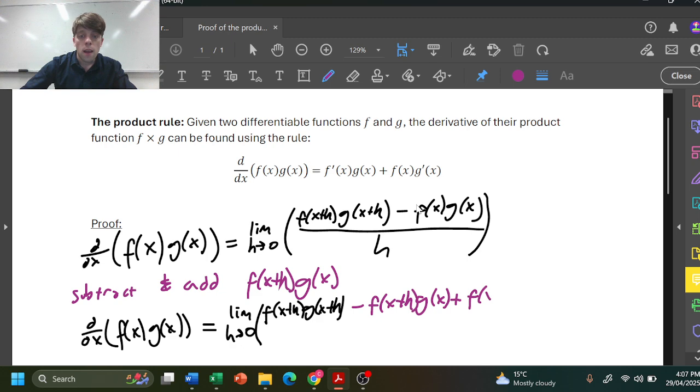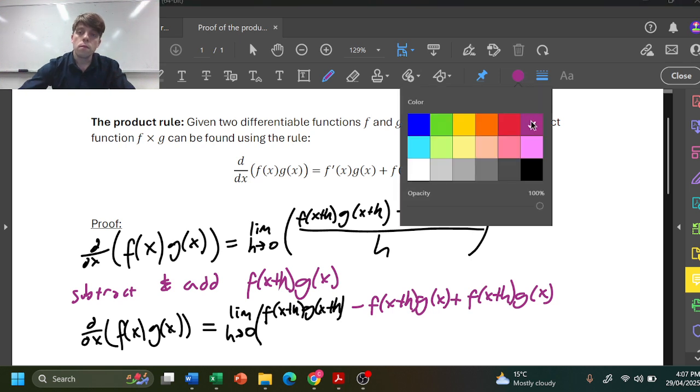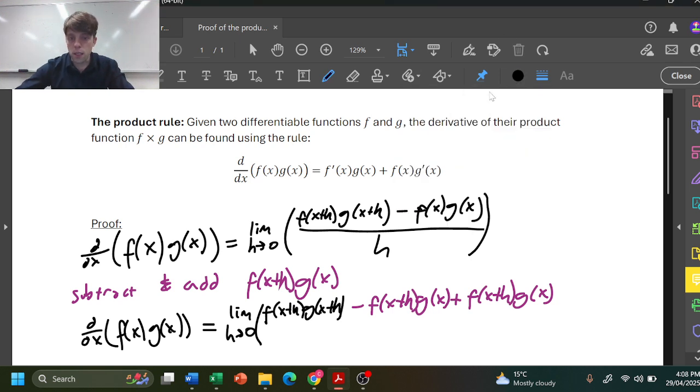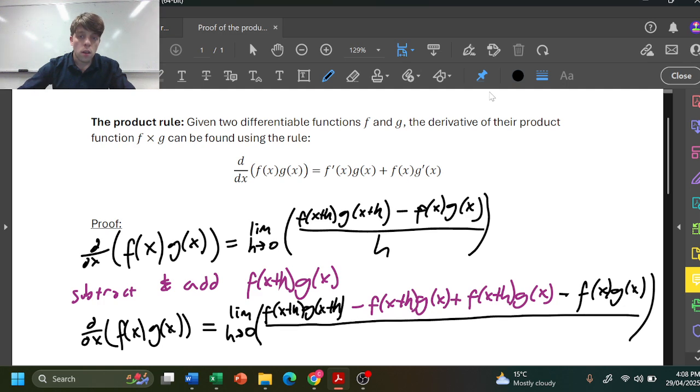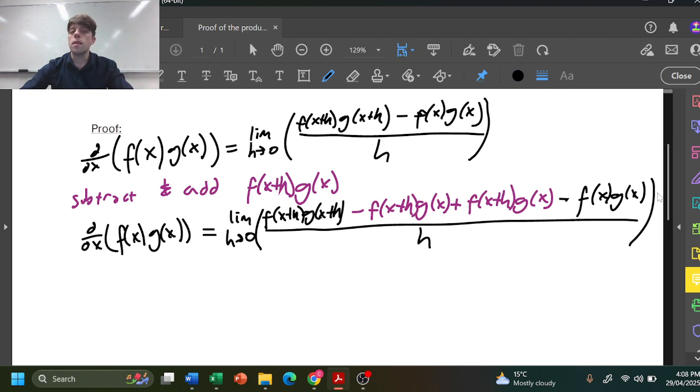So we're going to add back f of x plus h times g of x, and then we're just going to finish this up. We have minus f of x times g of x over h.